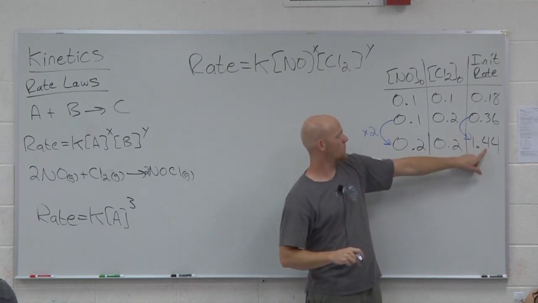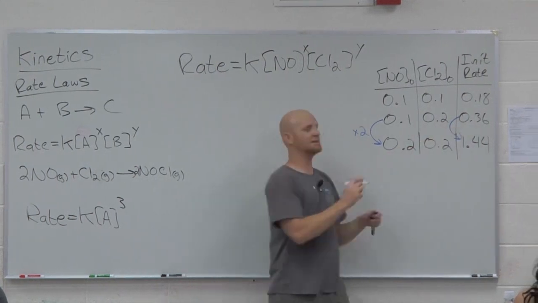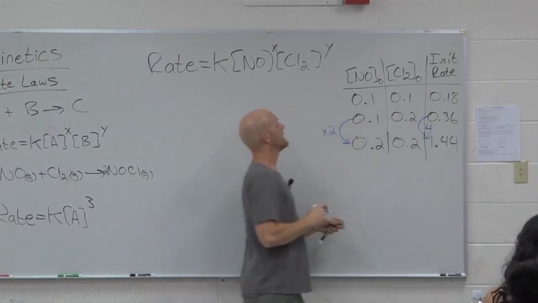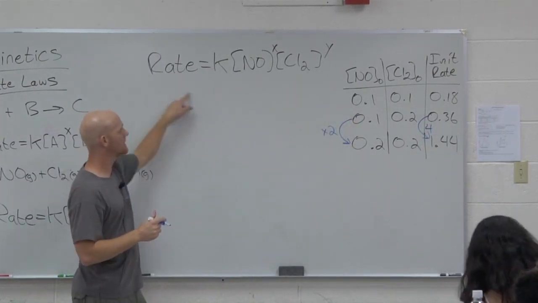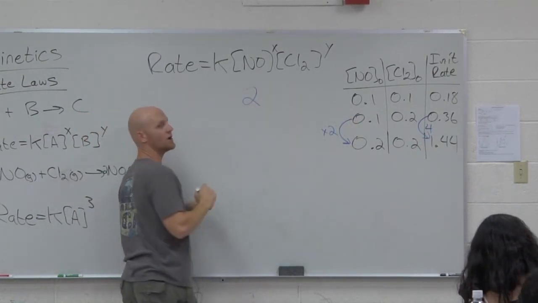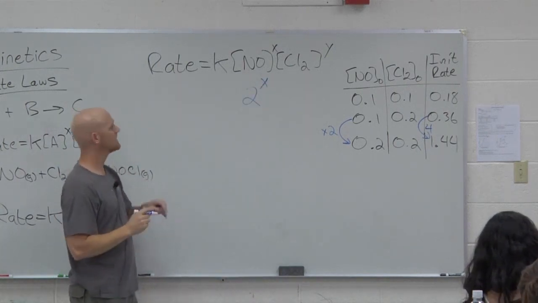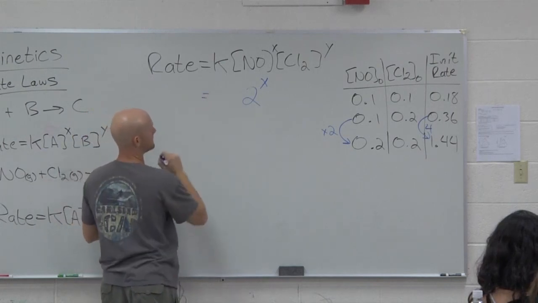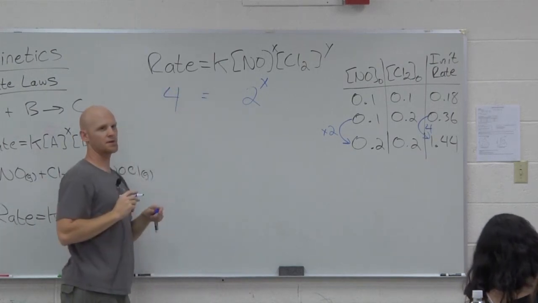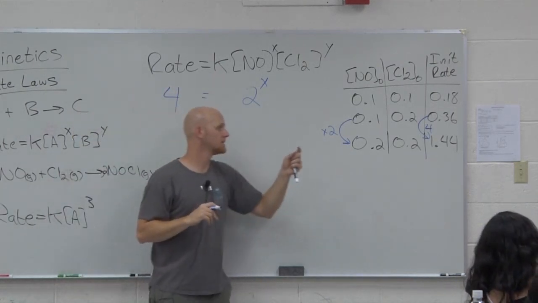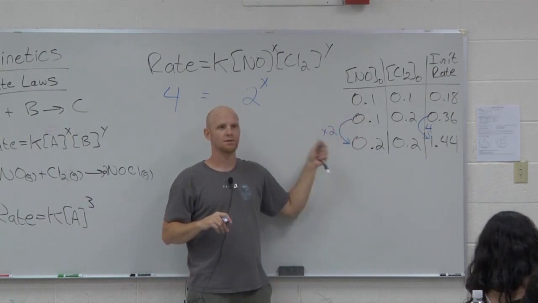So yeah, it turns out 1.44 divided by 0.36 is 4. So it quadrupled. And if we look at how that matches up here, we doubled the concentration of NO, but whatever we do to it is amplified by an exponent of x. And what did the rate do? It quadrupled.